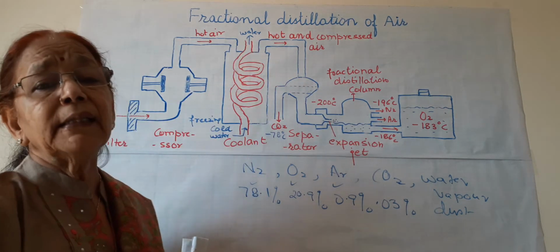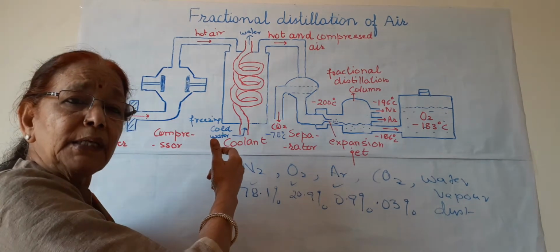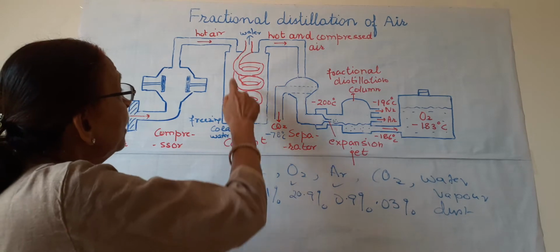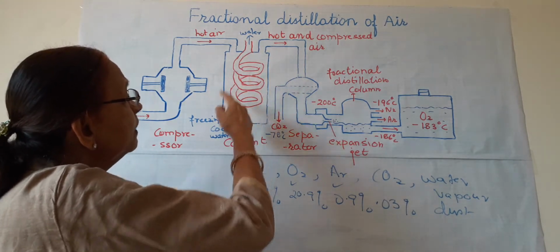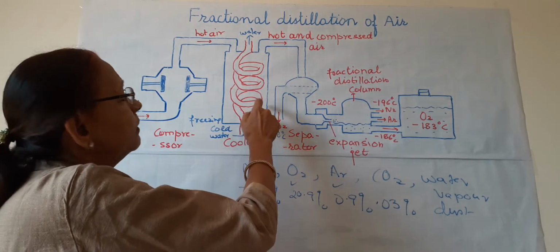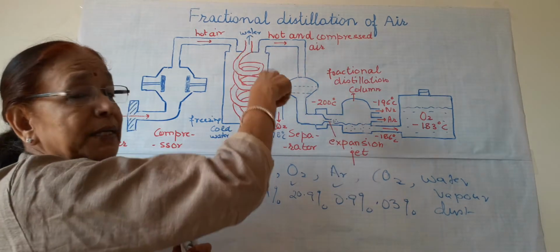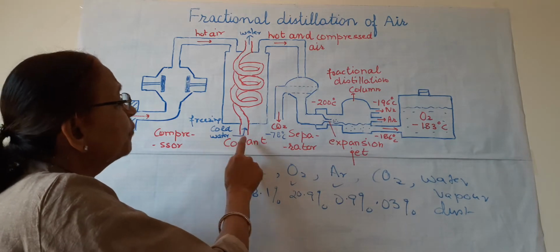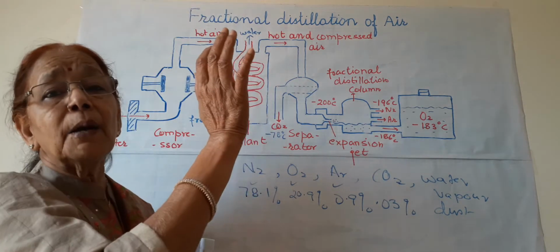So after the compressor, the air becomes hot due to high pressure, and this hot air comes to the next chamber, which is the coolant. As the name indicates, it will cool the air. How will it cool the air? The air is in this chamber. In the chamber, this spiral steel coil is present. In this coil, freezing cold water from the lower side is going and it is coming up.